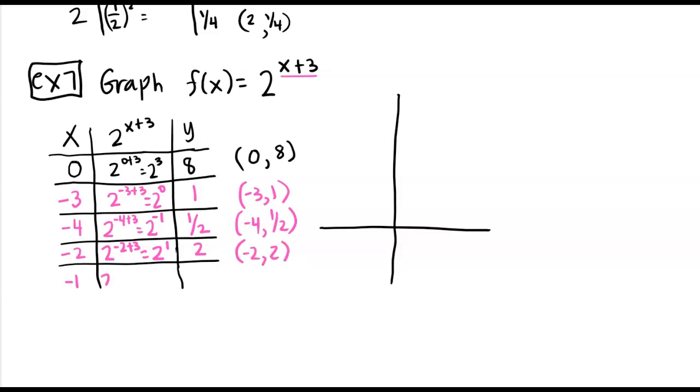And if I put -1 in, I get 2 to the 2nd power, because -1 plus 3 is +2, and 2 to the 2nd power is 4. So here are some points that I have, and maybe it's going to be enough to see what this looks like.